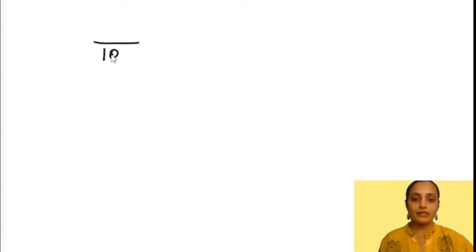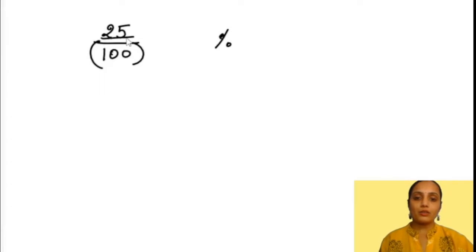The denominator is 100 and the numerator is, let's say, 25. Now this percent has a very unique symbol. The percentage is represented this way, and you can write 25 before it: 25%. Percent already means that it is by denominator 100.